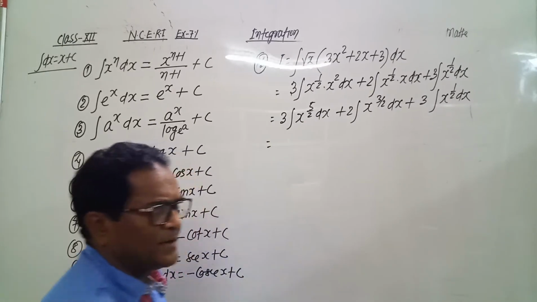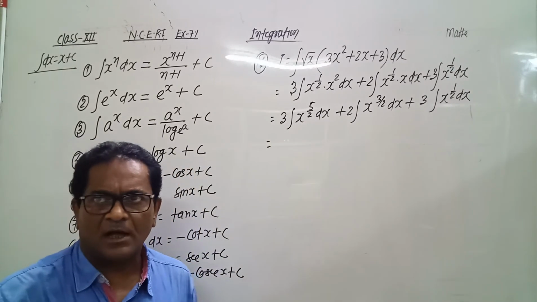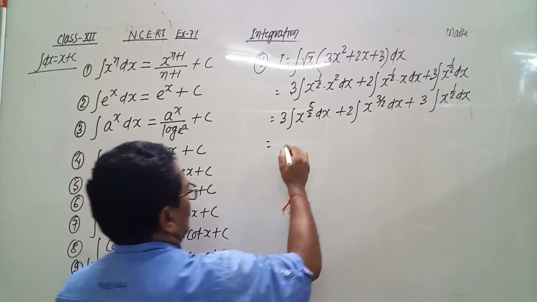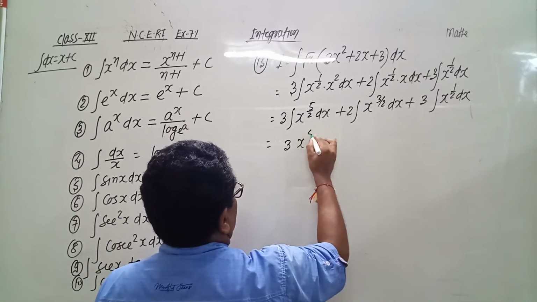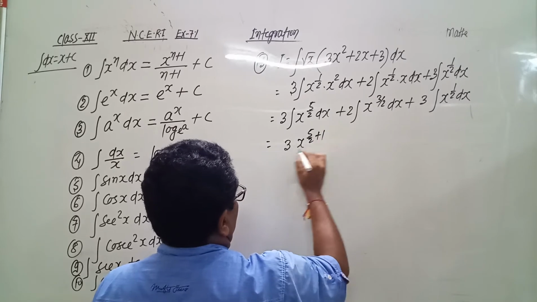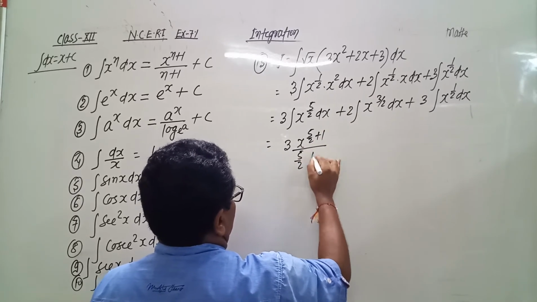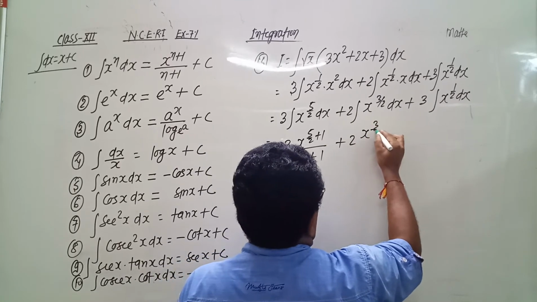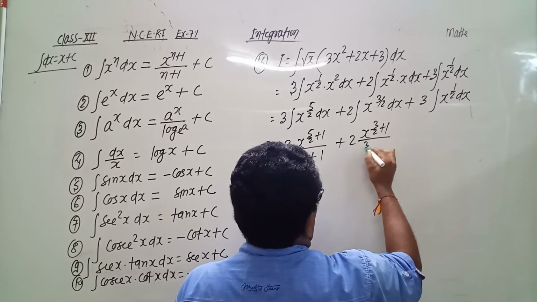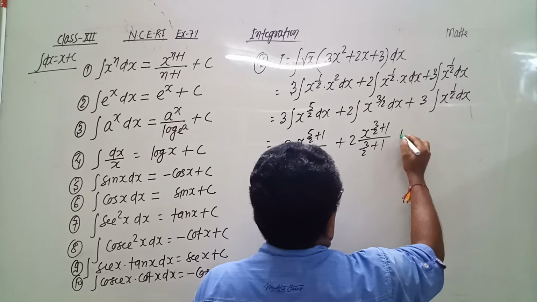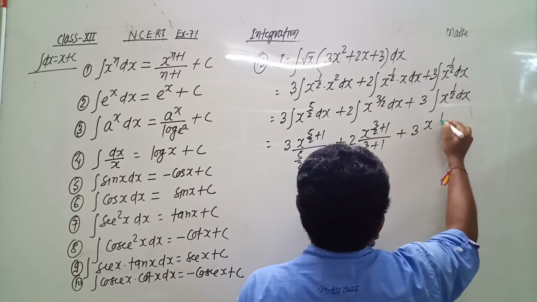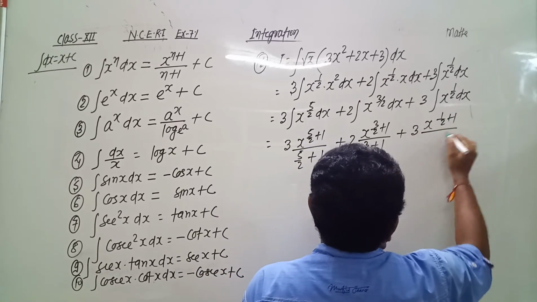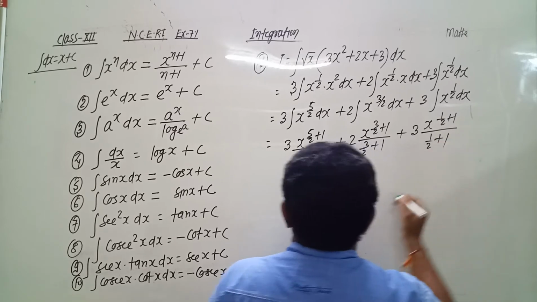All these terms will be integrated on the formula x raised to the power n. So 3 x raised to the power n plus 1 by n plus 1, plus 2 x raised to the power n plus 1 by n plus 1, plus 3 x raised to the power n plus 1 by n plus 1.